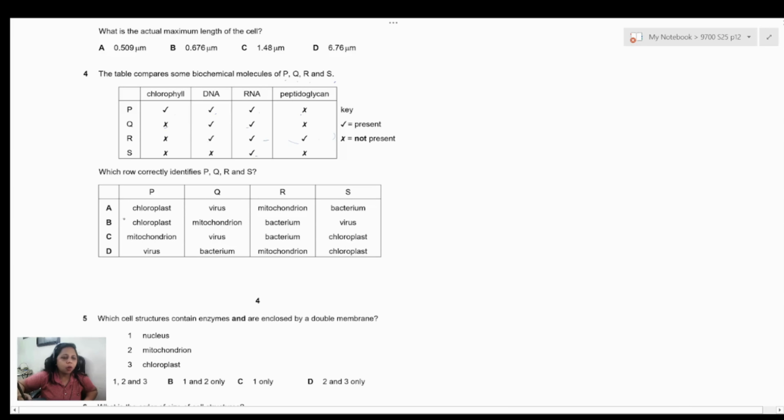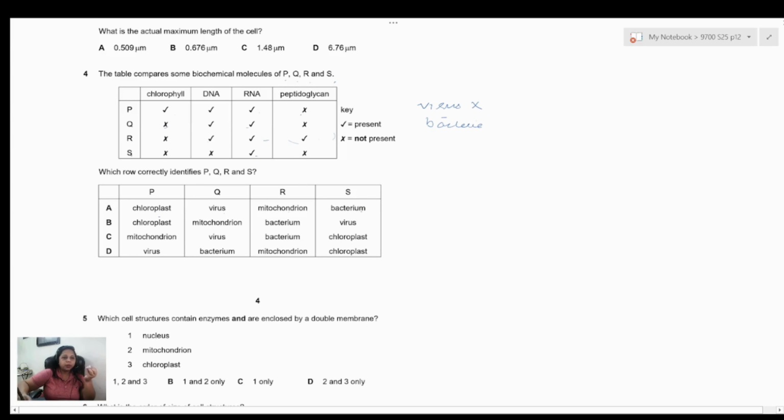They have given us options like chloroplast, virus, mitochondrion, and bacterium. The very first one has chlorophyll, has RNA, and doesn't have peptidoglycan, so it cannot be virus, and it is not bacteria either. So it can be the chloroplast or the mitochondria.